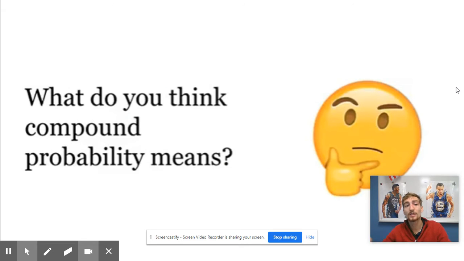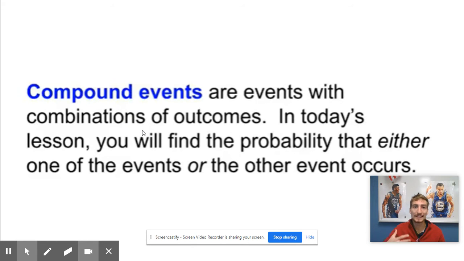So, what do you think compound probability means? Think about that word compound. If I have a compound word, how many words are in my compound word? So, compound events or compound probability is referring that you have more than one desired outcome, right?